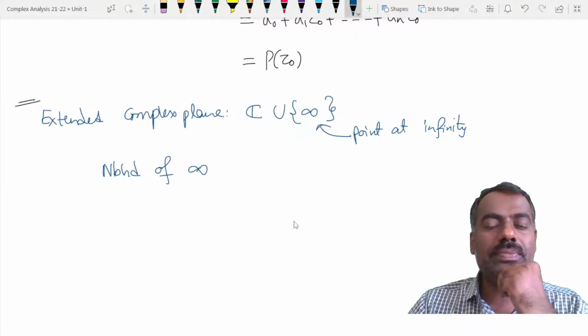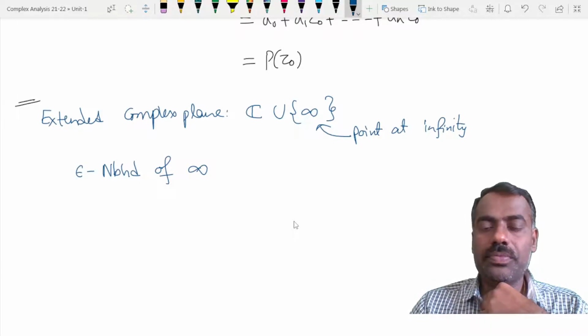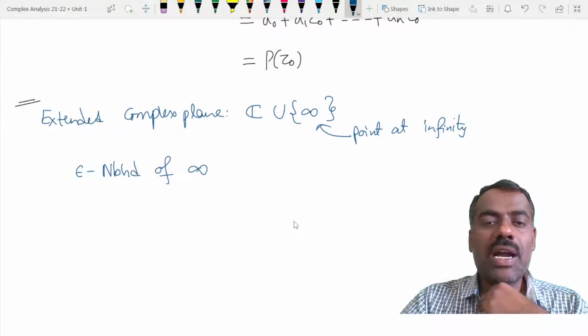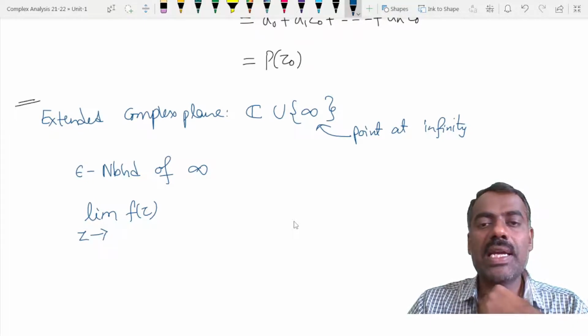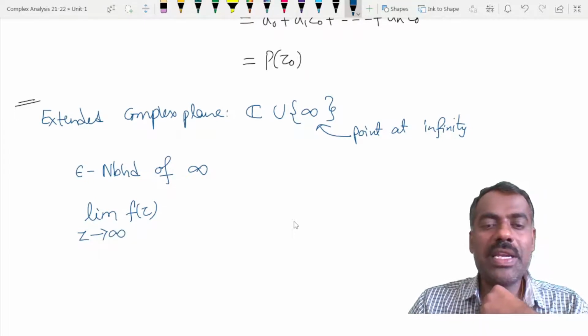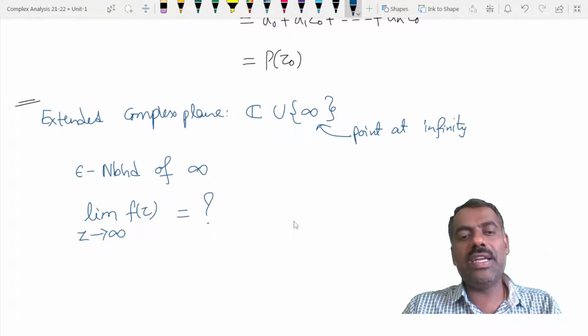Is that clear? If you want to call it the epsilon neighborhood of infinity. And we'll also discuss here, just like how we have discussed the limit of f of z, so far we used to write z tending to z naught. Now we'll see what is meant by the limit of f of z as z tending to infinity. How can we define this?